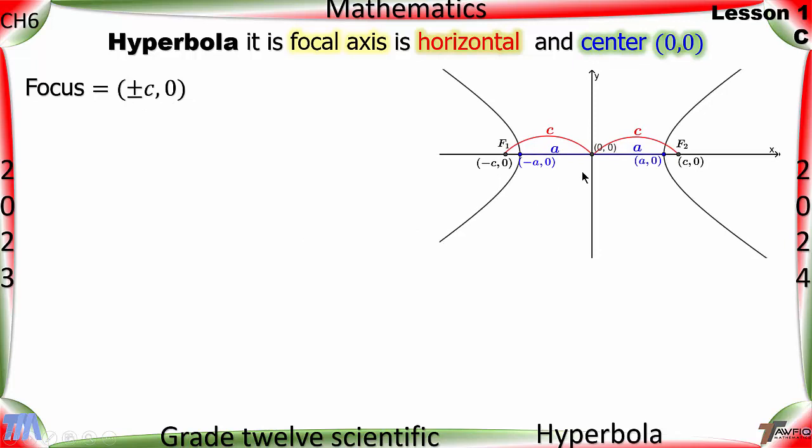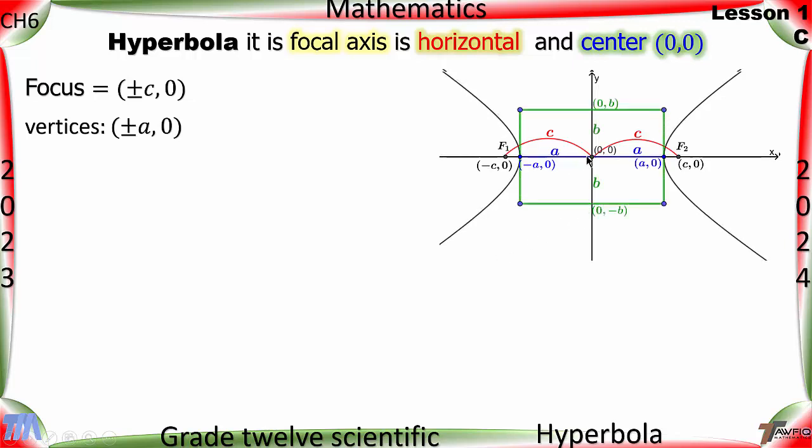And if the distance between the center of the hyperbola and the vertex is a, then we have two vertices (±a, 0). And if the distance between the center and the secondary vertex is b, then we have two secondary vertices (0, b) and (0, -b).